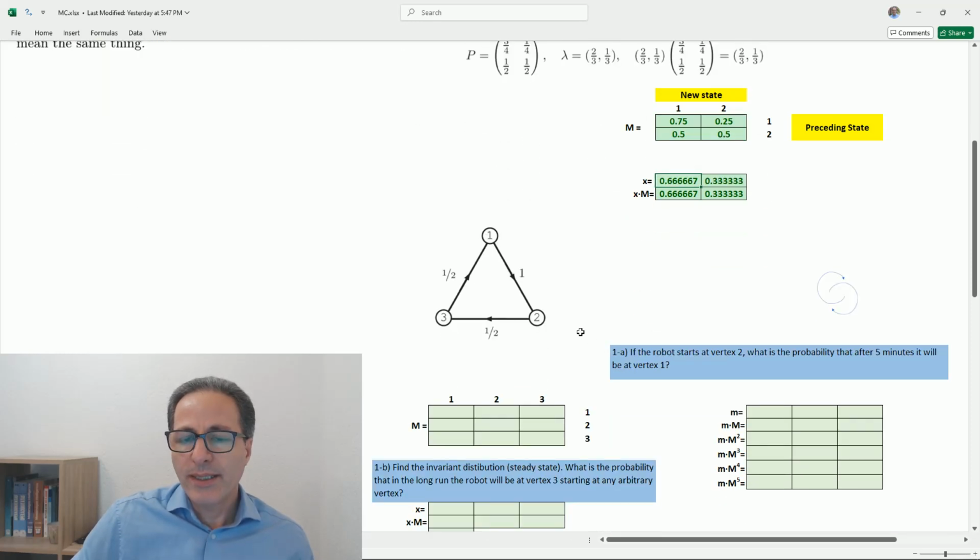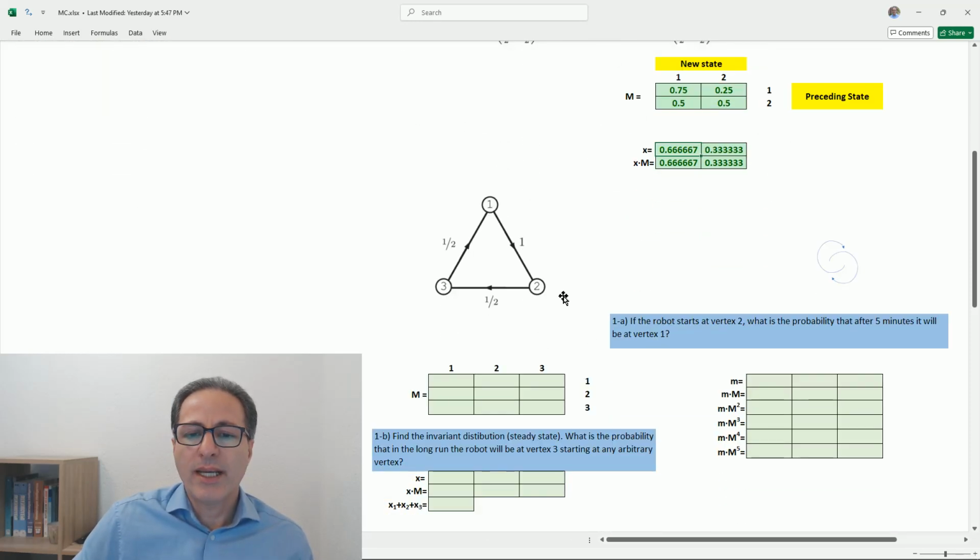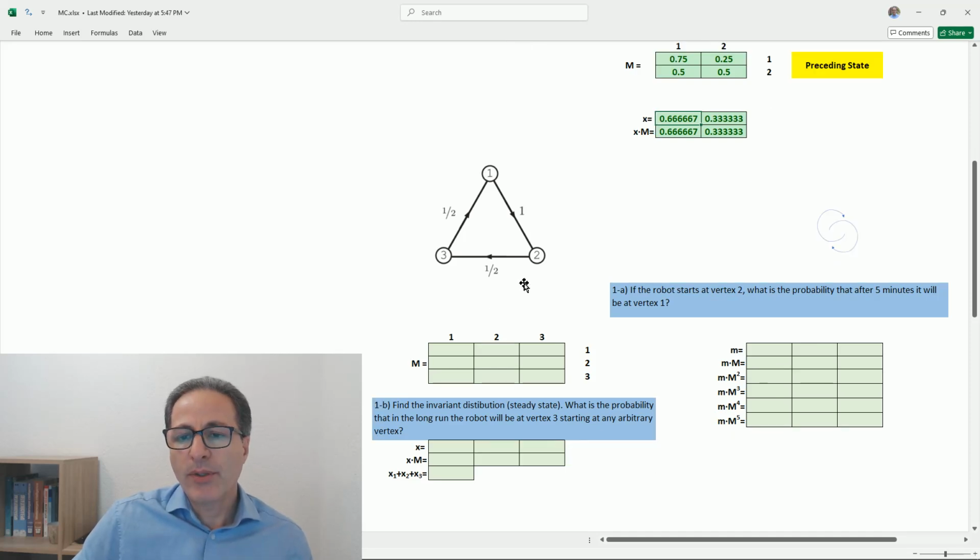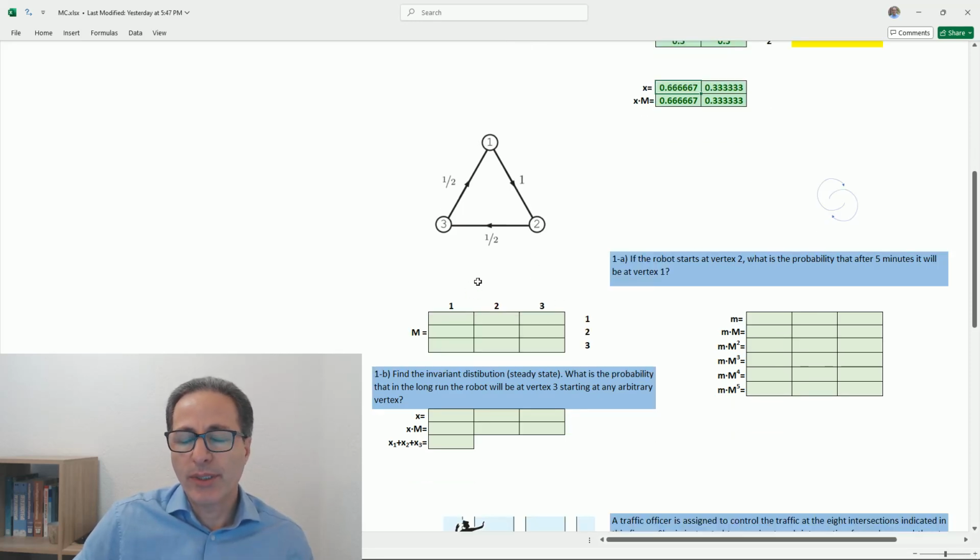So to study the next example, we have a digraph, a directed graph, which shows that we have 3 states, 1, 2, 3. And we want to first of all show the transition matrix based on this graph.